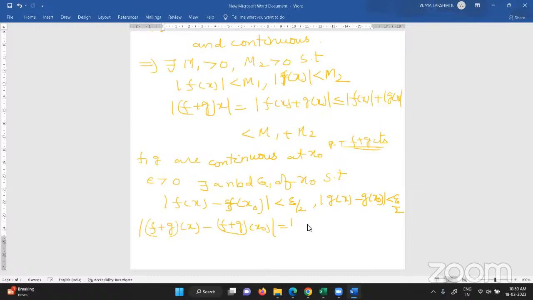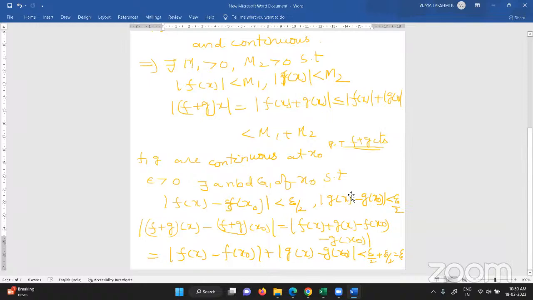This is nothing but mod f of x plus g of x minus f of x naught minus g of x naught, which is at most mod f of x minus f of x naught plus mod g of x minus g of x naught, which is less than epsilon by 2 plus epsilon by 2 equal to epsilon. That means whenever f and g are continuous at x naught, you have f plus g is also continuous at x naught.